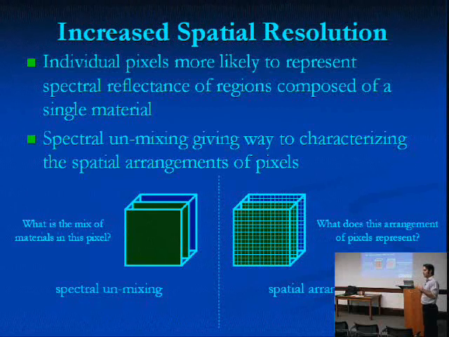So there have been a lot of techniques to tease out, especially to demix, what the reflectance is there. That traditional problem of what is the mixture of elements there, in my mind, is giving way to what is the spatial arrangement of those materials. This is just kind of speculation.